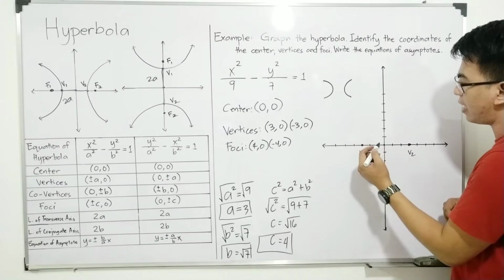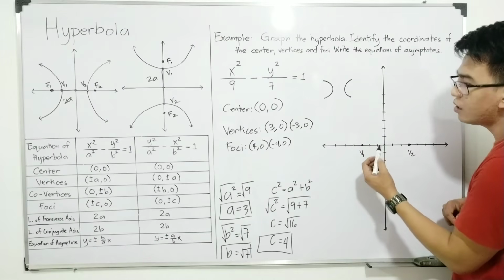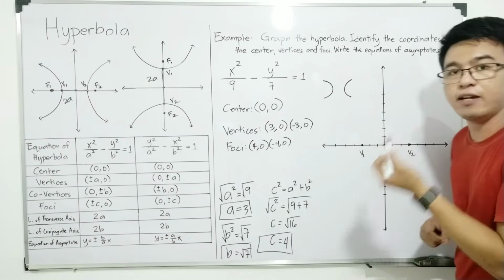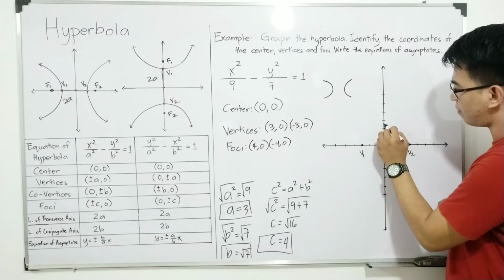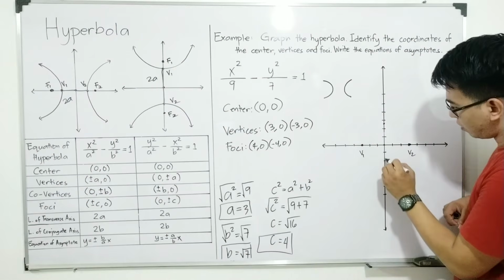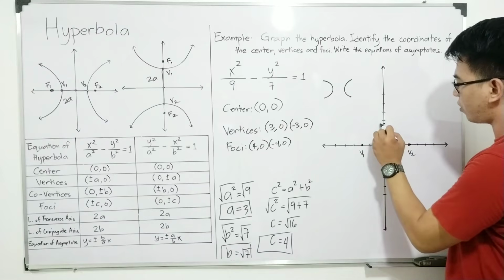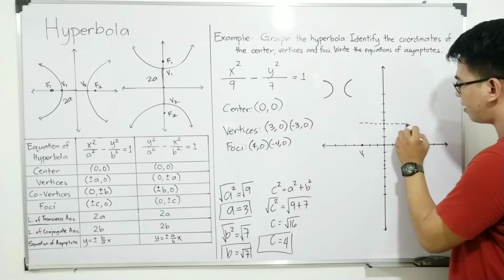At para naman sa ating B, para makapag-drawing tayo ng rectangle, we need to use 2 units mahigit. So this is the point, and 1, 2, and then 2.67. Okay? So we will draw this line.